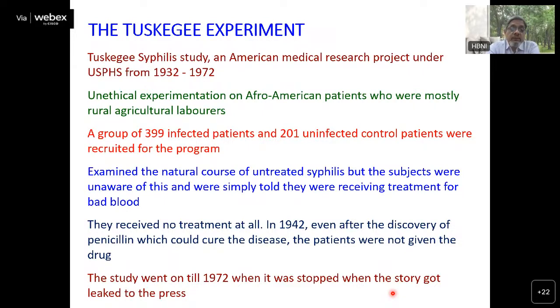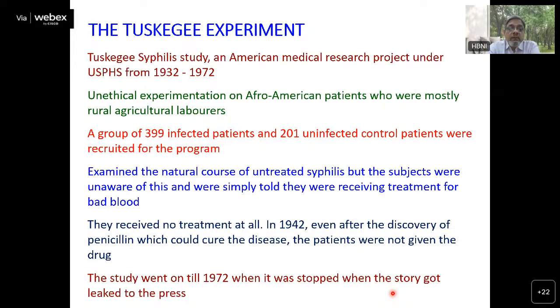But in spite of that, this drug was not administered to the infected patients in this project. And the most bad thing about this experiment was that this study went on till 1972. That's hardly about 50 years back from now.